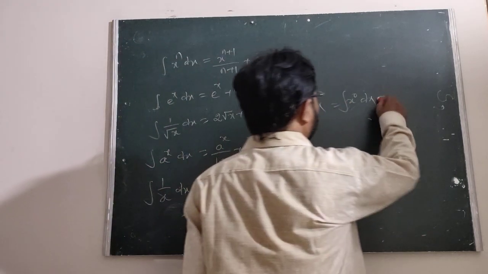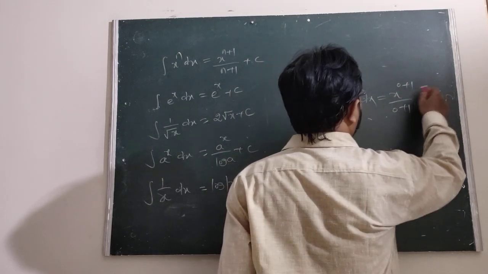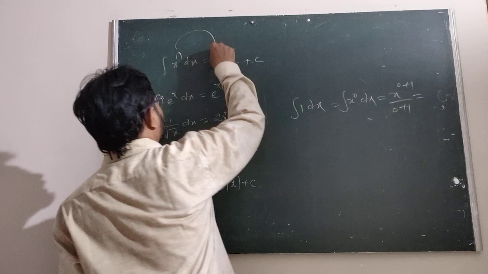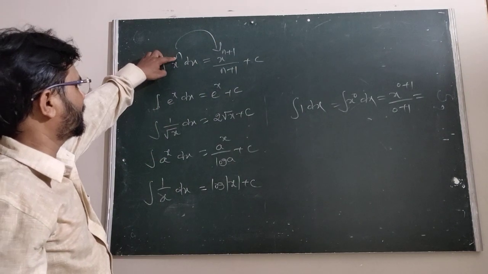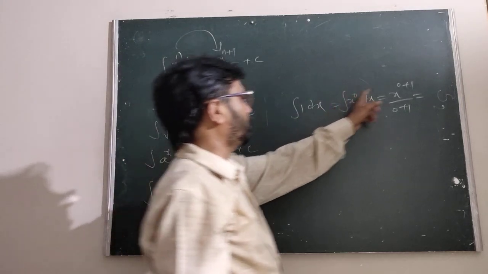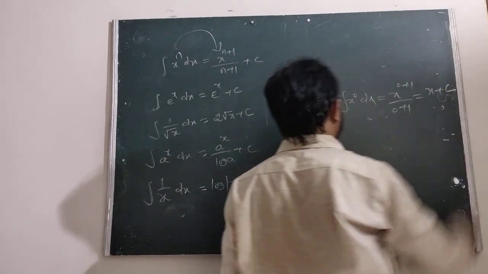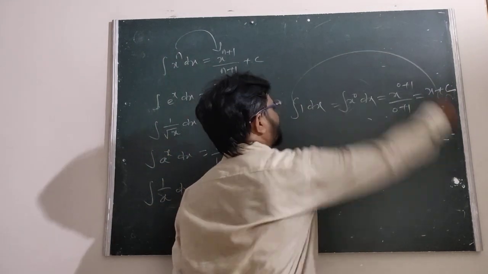Therefore, now we can write here x power 0 plus 1 by 0 plus 1. So we are using this form, n plus 1 by n plus 1, taking n as 0. Now this is x plus c. Integral of 1 dx is x plus c.